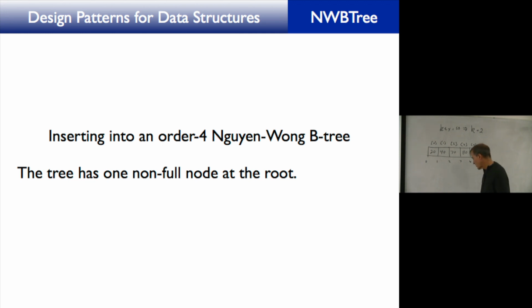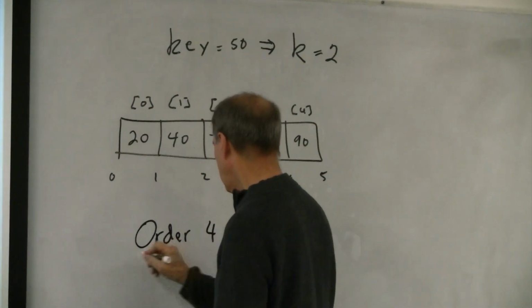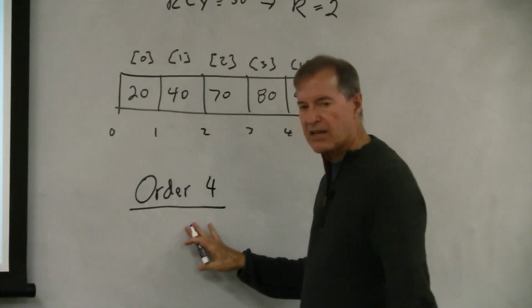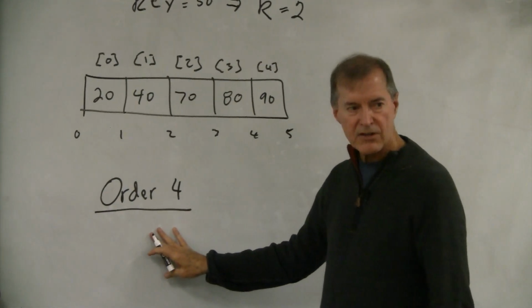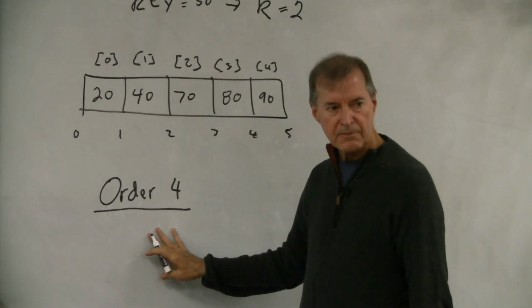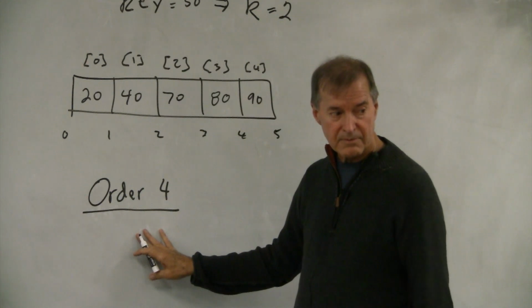So let's do order 4. Now order 4 means how many data values are allowed in a node?